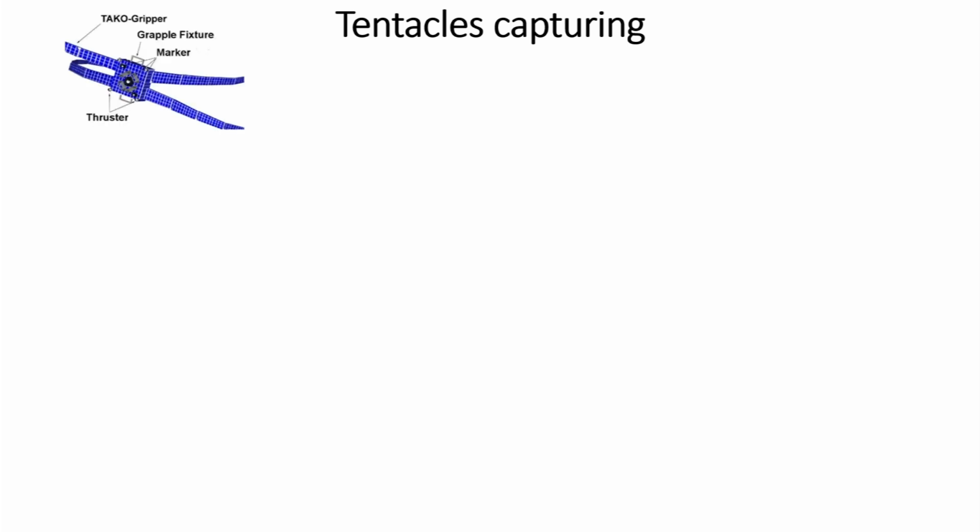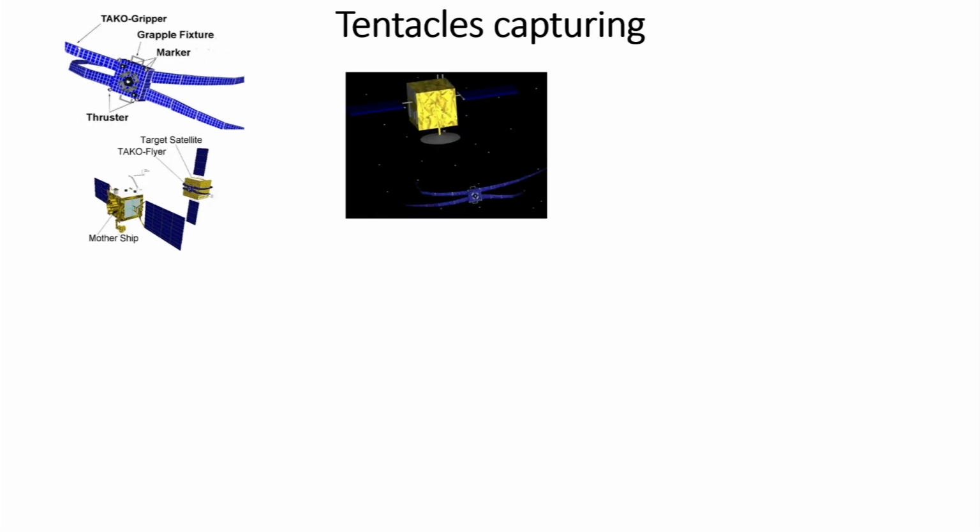This is the gripper, and it will have thrusters. I will come to that, and it will be clear what it does. Basically, it is put on a mother ship, or mother spacecraft, and the spacecraft takes it nearer to the target, which is the debris, it can be a debris satellite.